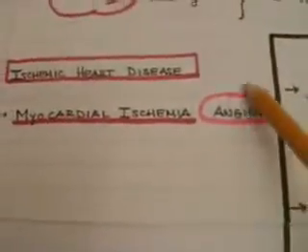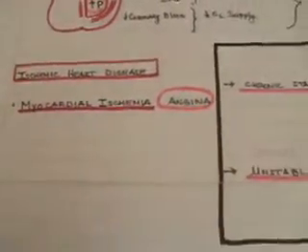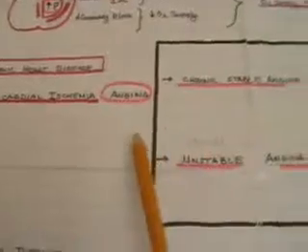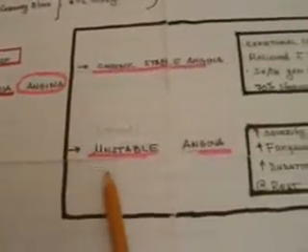And myocardial ischemia, or ischemic heart disease, will start to present as angina. The patient will start to have chest pain. And later on we'll differentiate between a chronic stable angina and an unstable angina, and we'll talk about these in greater detail in the following lectures.